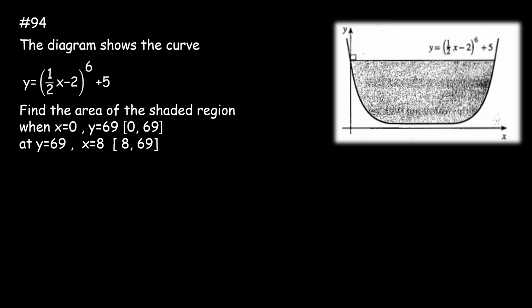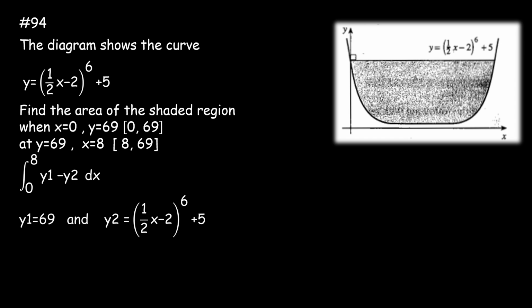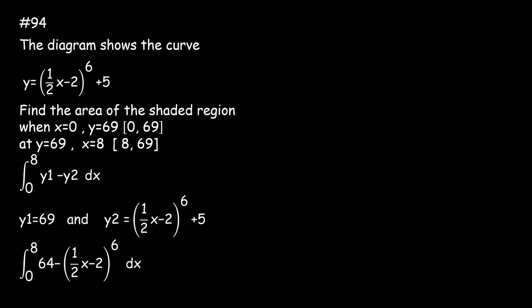It means that we need to take the integral from 0 to 8 of y1 minus y2 dx. Now if y1 is equal to 69, we need to subtract the two of them and work out their integrals. So this would be 69 minus 5, which is 64, times half x minus 2 to the power 6.